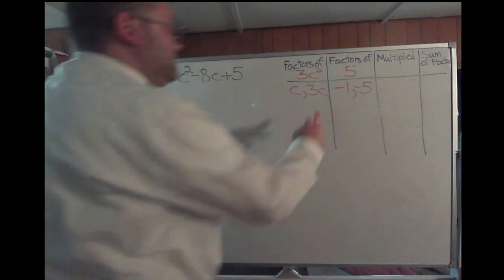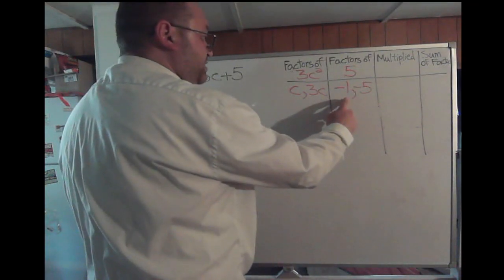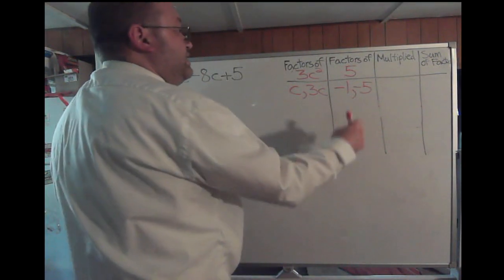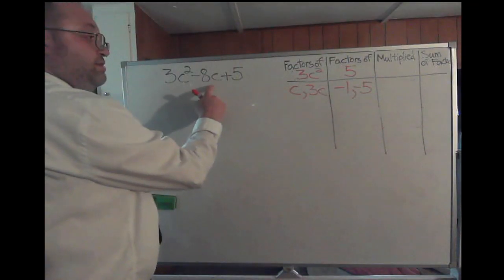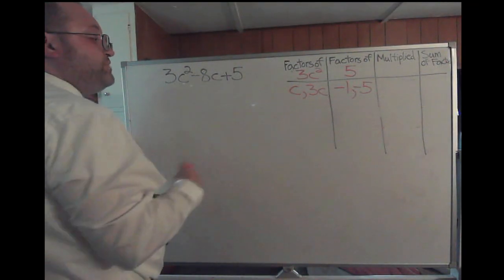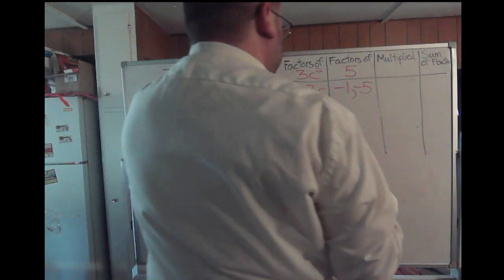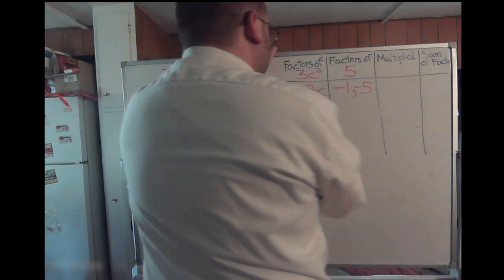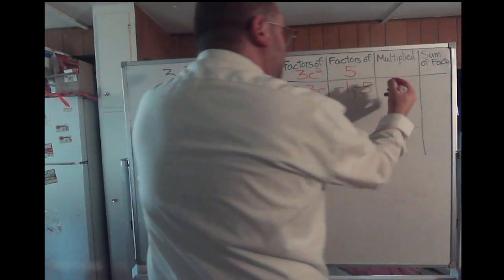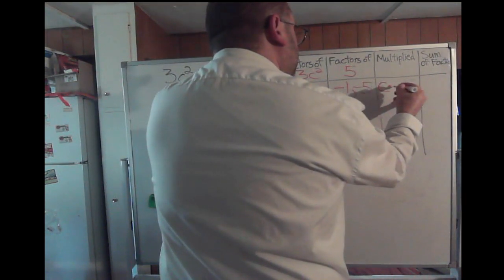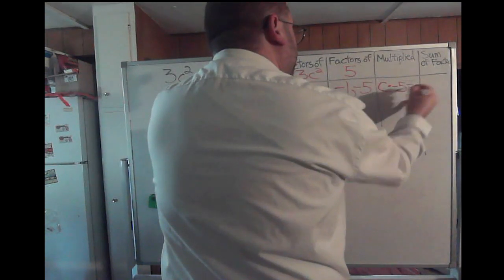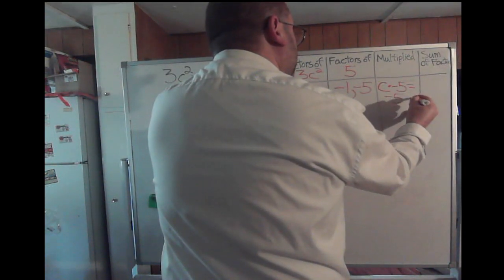Now, we need to take these factors and multiply them in such a way that when we add them up, you get the middle term of -8c. How are we going to do that? We could take that c times -5. So if you take c times -5, you'll get -5c.